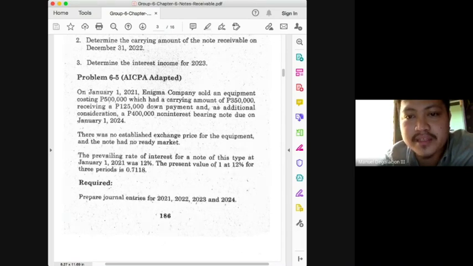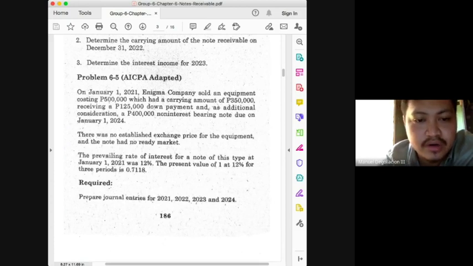And it's important for you to regularly update the balance, class, the outstanding balance of the receivable, because that would be the basis of your subsequent interest income. Okay? For the second year, your interest income will no longer be 34,166 because the outstanding balance of your receivable has increased from 284,720. It is now 318,886.